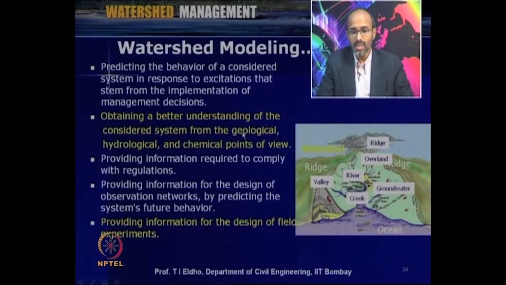Then providing information required to comply with regulations. So, it may be to obtain the various regulations, say for example, how much water can be taken from the given dam, or say from the aquifer how much water can be drawn, so like that. Then providing information for the design of observation network by predicting the system's future behavior.